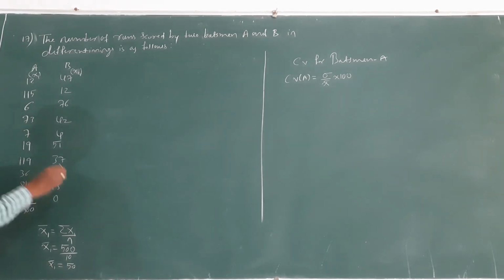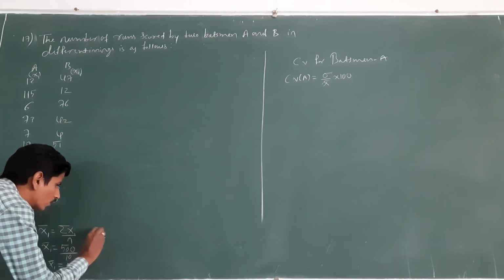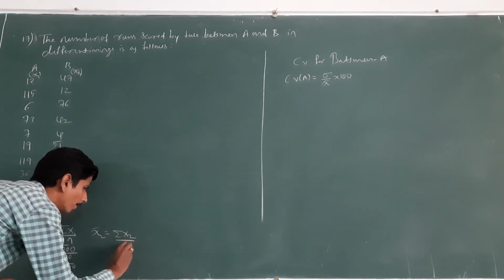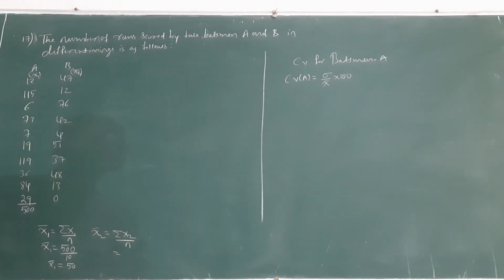Next we want x2 bar equal to sum of x2 by n. Sum of x2 is 47 plus 12 plus 76 plus 42 plus 4 plus 51 plus 37 plus 48 plus 13.